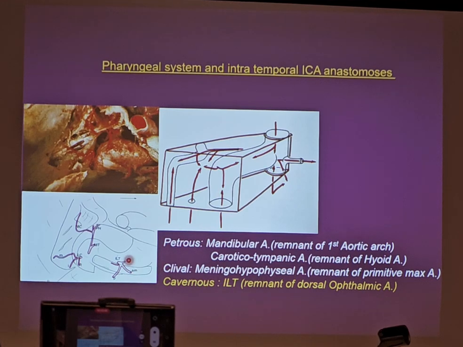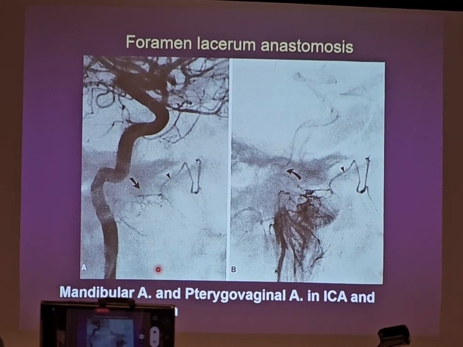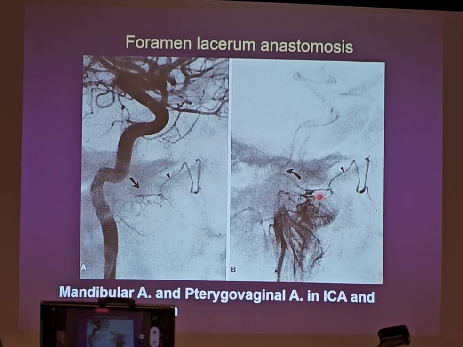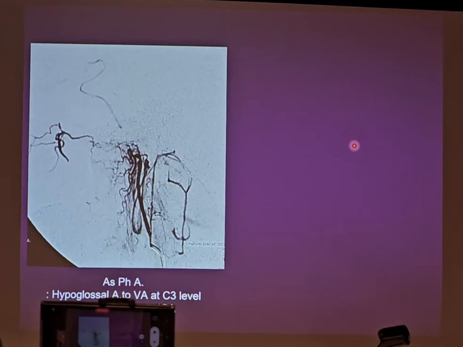And these are the three main groups of the arteries that can make the connection between the ascending pharyngeal and the internal carotid artery. This is what you see when you inject the superior pharyngeal branch, the neuro-vaginal, and it goes back to anastomose with the internal carotid artery. And it's the same artery that you can see here. Mostly this is the mandibular artery connection to the internal carotid artery.